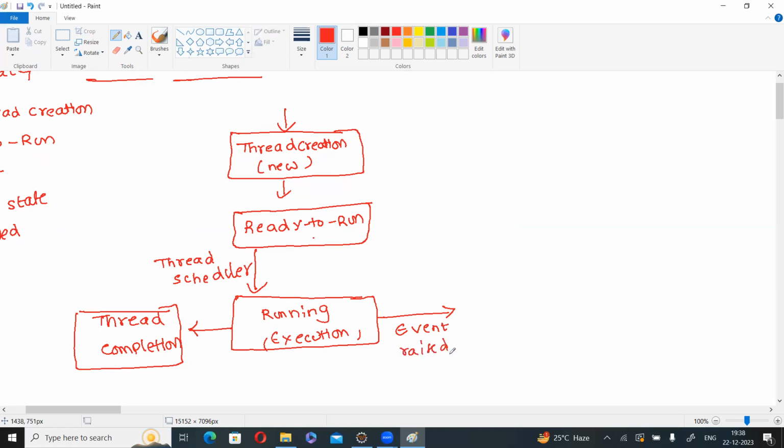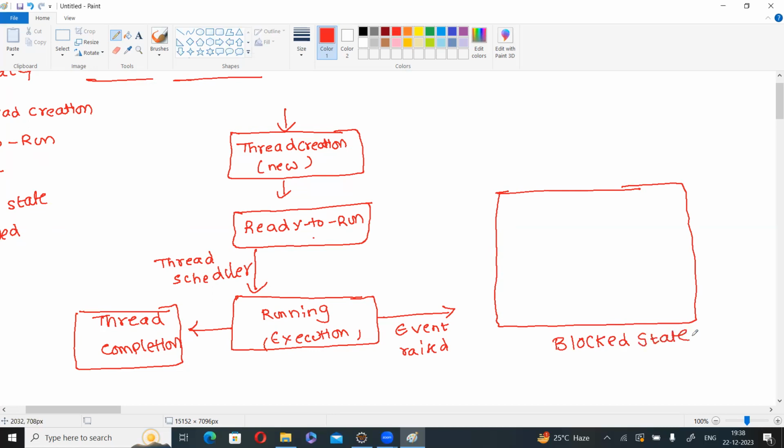Suppose during the running state, if any event occurred, what happened? Immediately it will move to the blocked state. Whenever an event occurred, immediately it entered into the blocked state. The blocked state means a thread will be blocked depending on many reasons. Suppose one is wait method, the thread will be blocked until it receives a notify. Sleep method, so for this particular amount of time the thread is blocked.